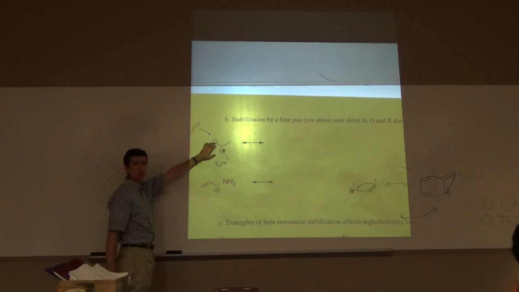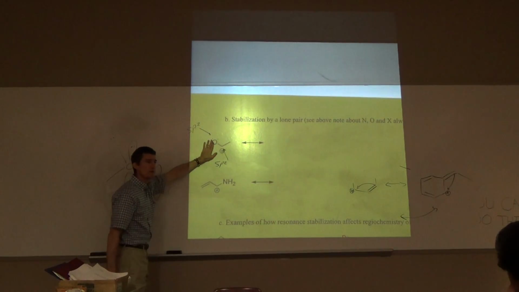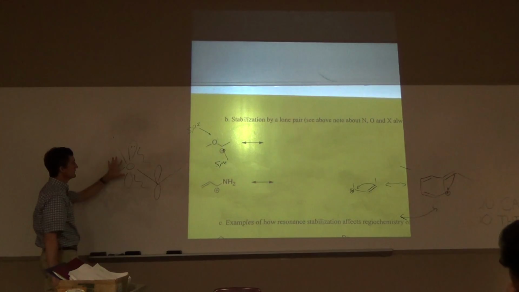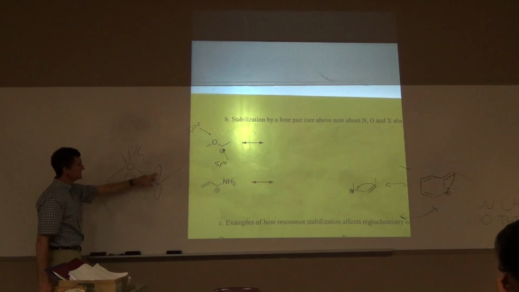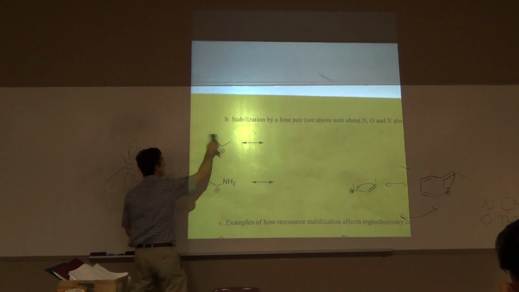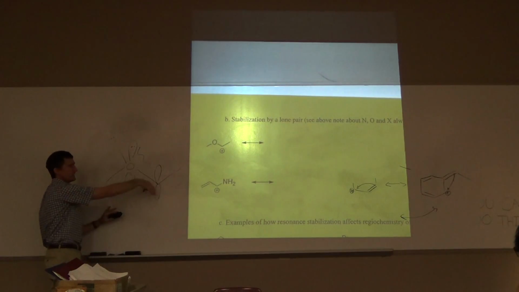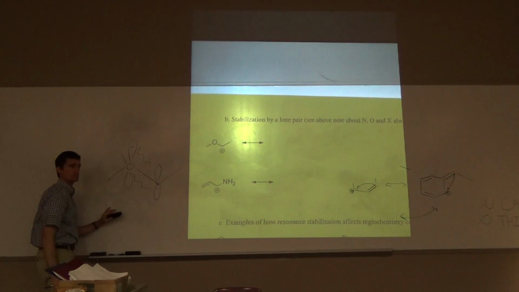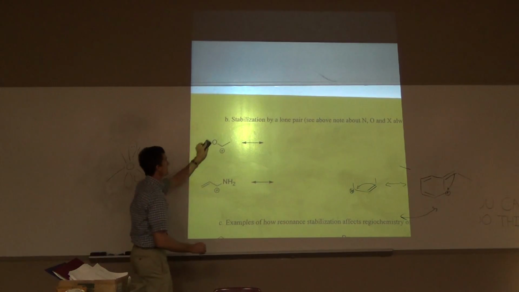But didn't we learn that anytime a lone pair is next to a p orbital, a lone pair is going to want to be in a p orbital? Okay, so that makes sense. This is empty. You should have been able to draw this a week and a half ago. Okay? All right.